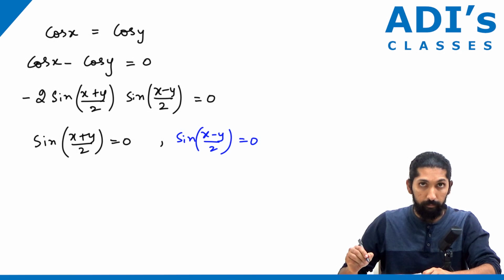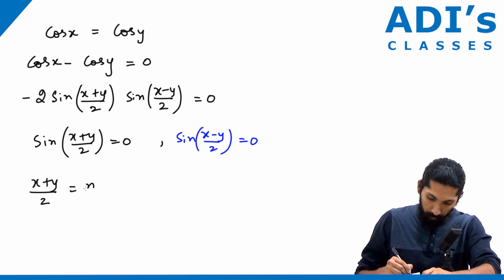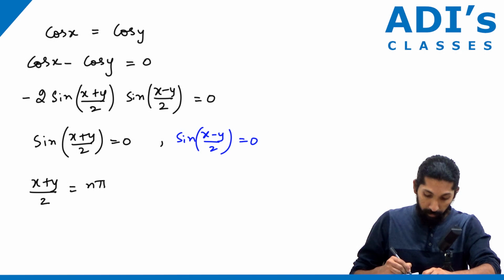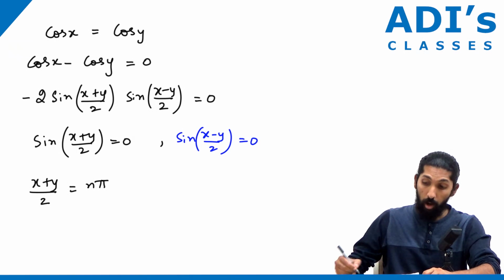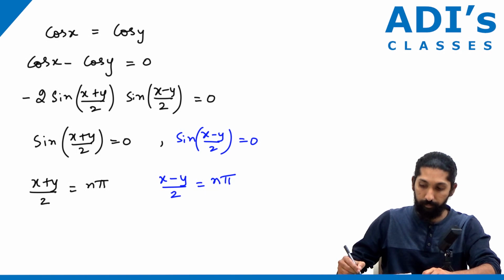Two cases, correct? Now, in this case, x plus y by 2 is equal to n pi, just like what we discussed in the last part. Or the second part is what? x minus y by 2 is equal to n pi.